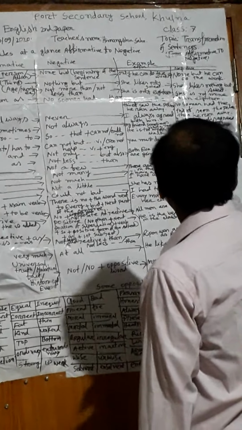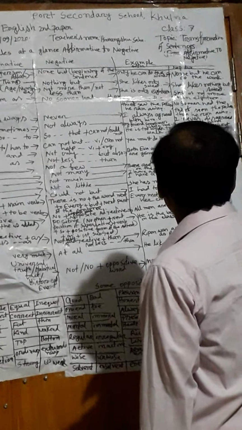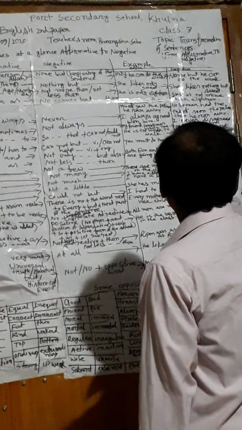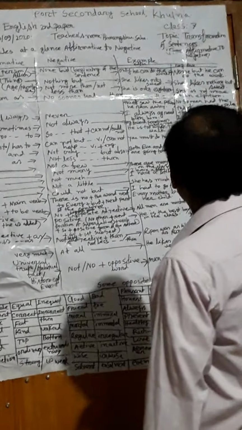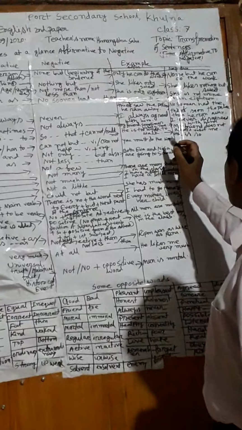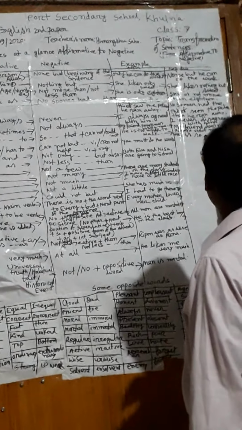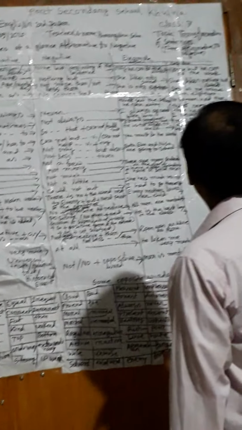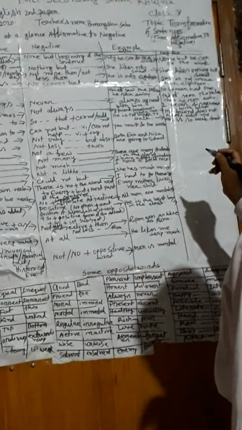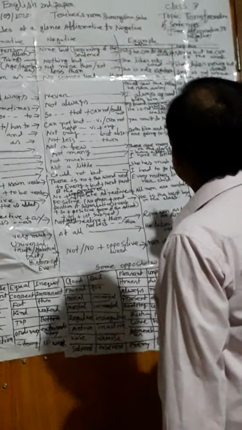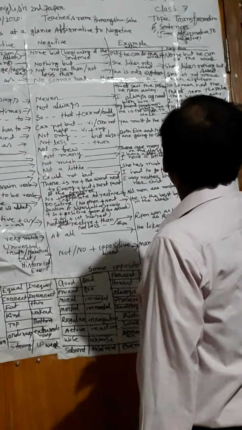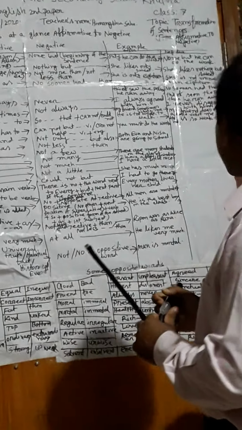Look at the example. At first you have to use the subject. Here the subject is he, then the verb is, you have to use so instead of too, then you have to use the adjective, then you have to use that. Again you have to use the subject first, then you have to use cannot or could not.